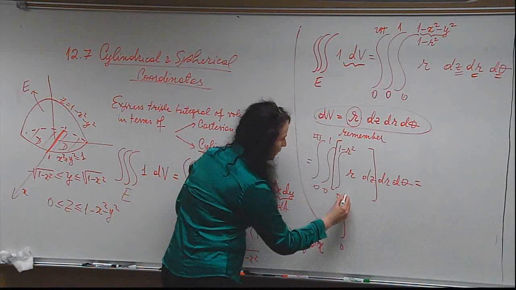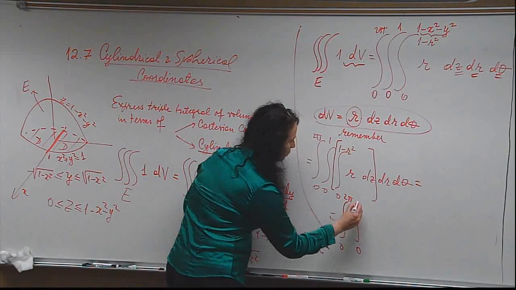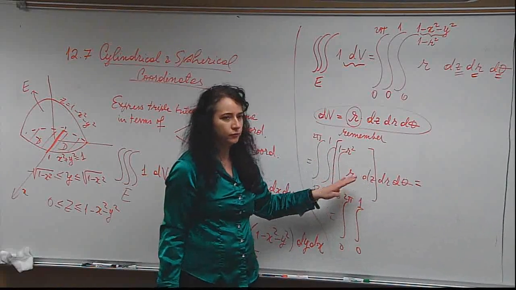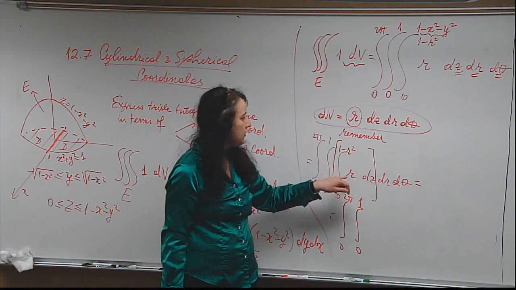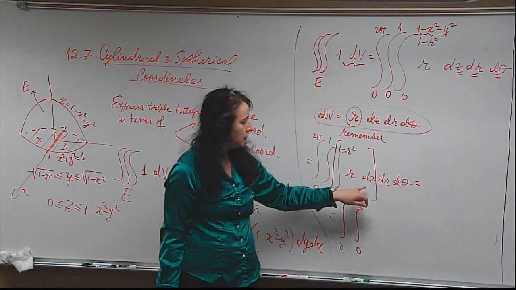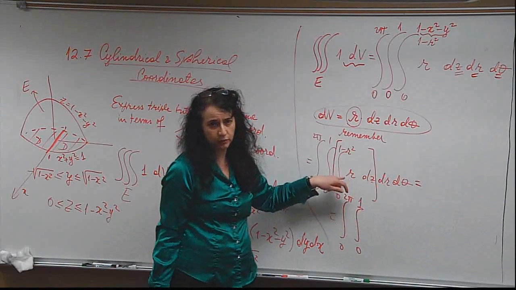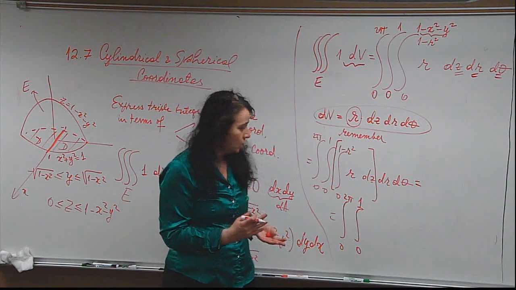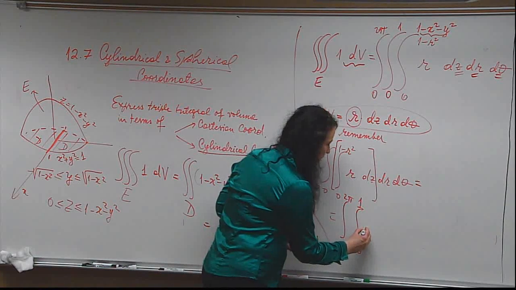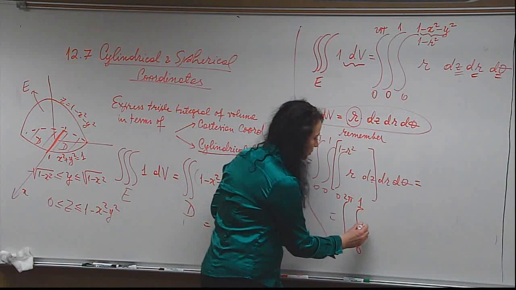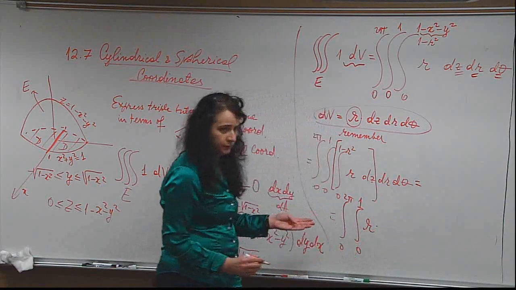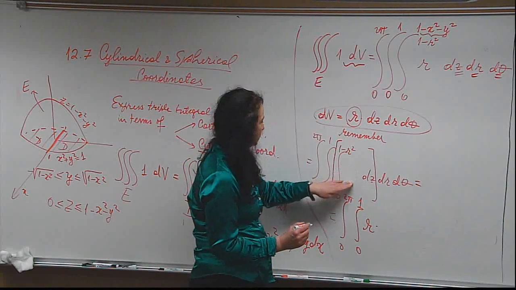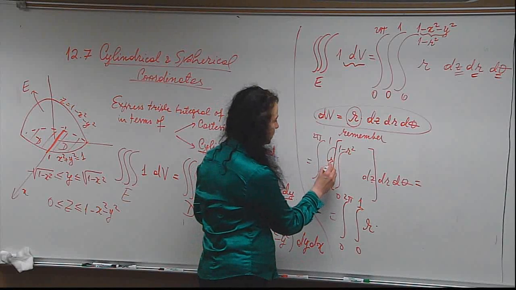Integral from 0 to 2 pi, integral from 0 to 1, and I'll have the integral of r dz. But z has nothing to do with r. So he says, well, I'm z, you're r, we are independent. r is like a constant for the time being. He can even go here and wait. And then the integral you have, he goes out, he gets out.